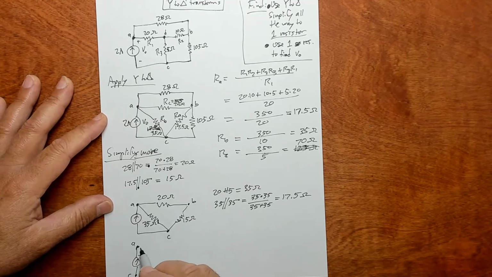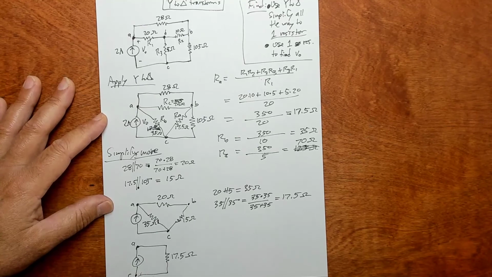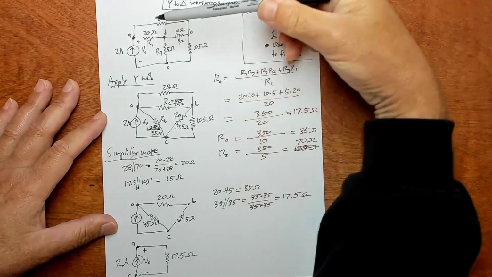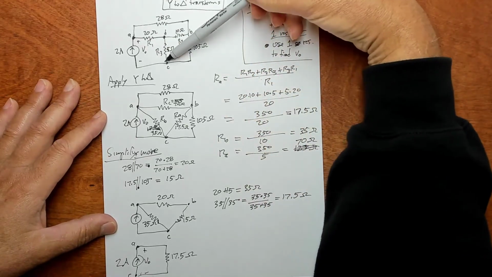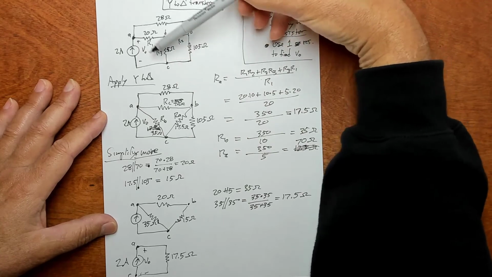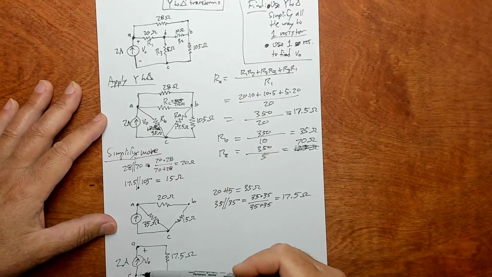All of these guys between A and C, we'll just draw it over here. Between A and C, 17.5. And the 2 ohm guys there, and here's V0. V0 is still there because V0 is between nodes A and C up here. And here it is again.